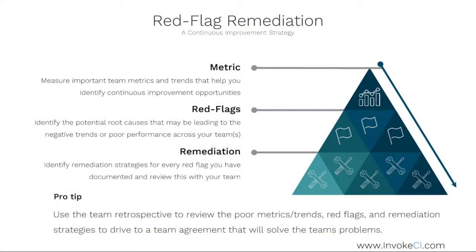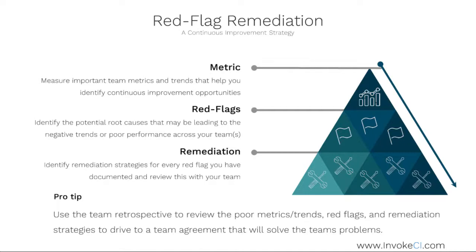Well, it's a way that we can leverage the metrics that you collect across your teams to identify potential red flags. These red flags can help to identify potential root causes. They may be leading to negative trends or poor performance across your teams. So once you've identified the metric, then you've identified the red flags that may be contributing to poor performance or negative outcomes for your teams.